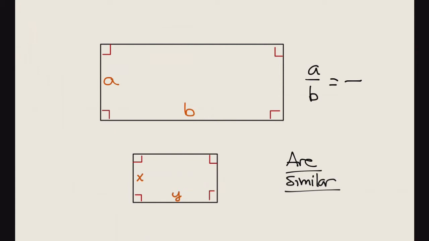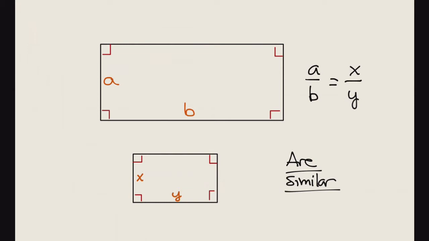So I'm comparing A to B on the left, and that's going to equal some arrangement of X and Y on the right. Yes, Mary? X to Y. Okay, so which one will be on top? X. Okay, X will be on top. Notice which side is on top, the shortest or the longest? The shortest side is on top. So we're going to put X up here, put Y down there.